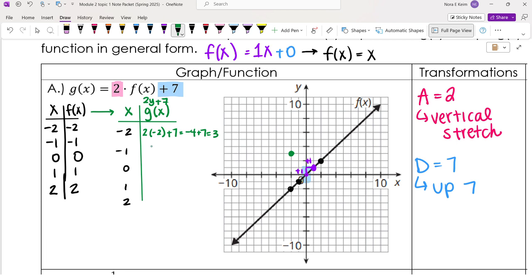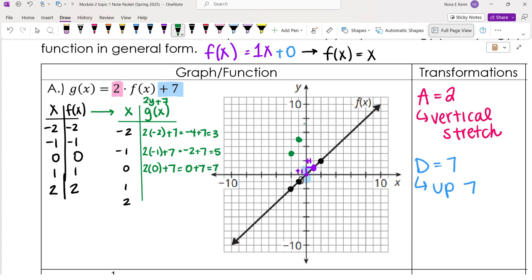So we keep repeating this process. I'm now going to have 2 times negative 1 plus 7, because I take the next y value. So I get negative 2 plus 7, which is 5. So I now have the next ordered pair at negative 1, 5. So we do the next one, 2 times 0 plus 7, which gives me 7.